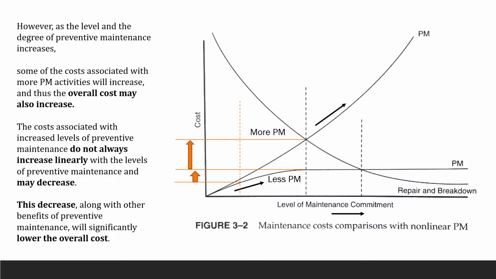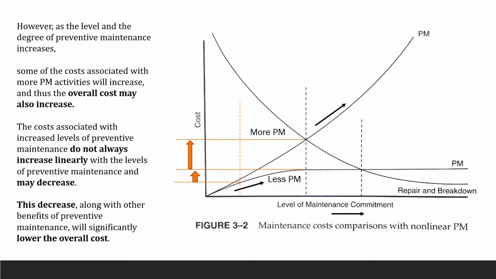That's what it's talking about in this paragraph. The costs associated with an increased level of preventive maintenance do not always increase linearly because of the way that you apply the PM. With the levels of preventive maintenance, the costs associated with it may decrease in some cases.